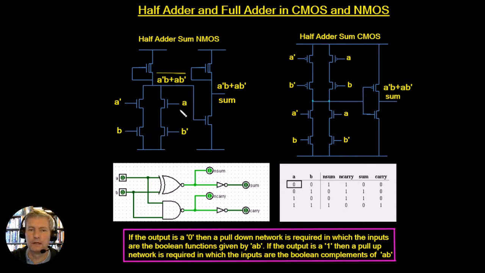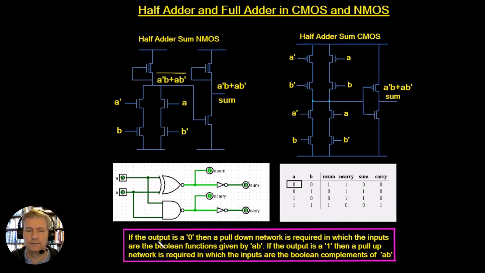It's just NMOS devices, which will give us the function that we require, which is given by this little block here. If there's anything on this page that you really want to understand, it's this little section here, because this is going to tell us how we build both our pull up network and our pull down network.